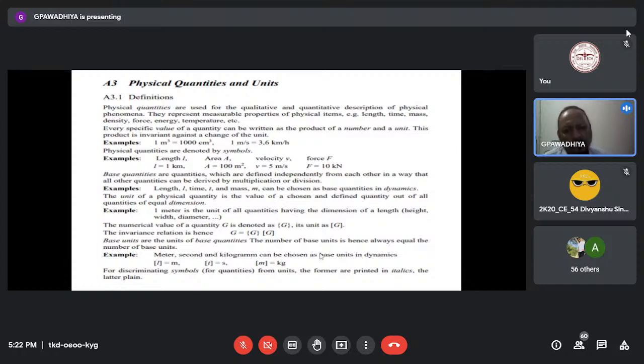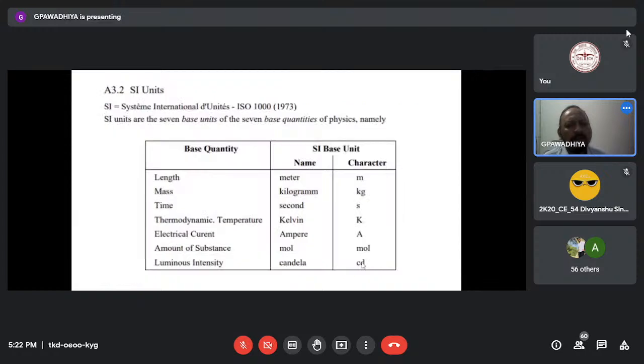Basic units. Here we follow the SI units in which mass is kg, length is meter, and time is in seconds. So this is how we define the units and we use these units.